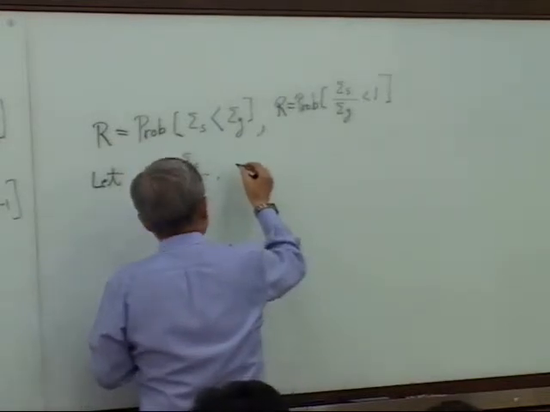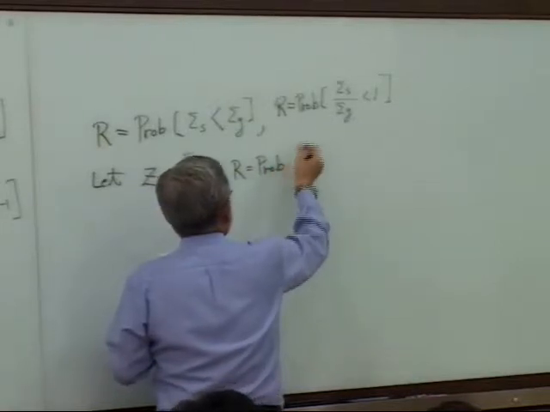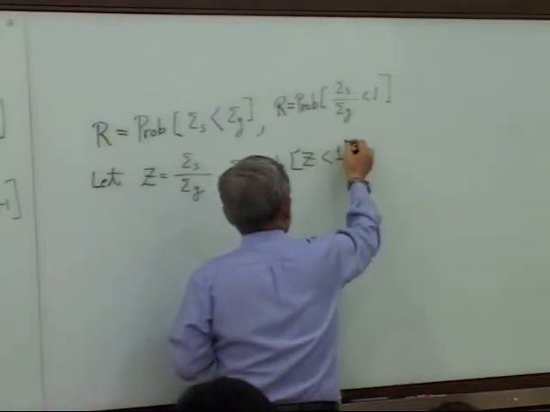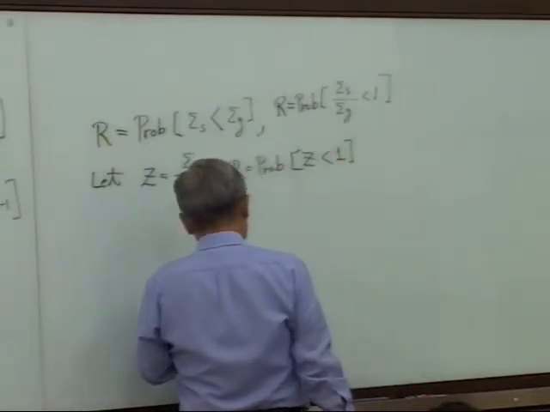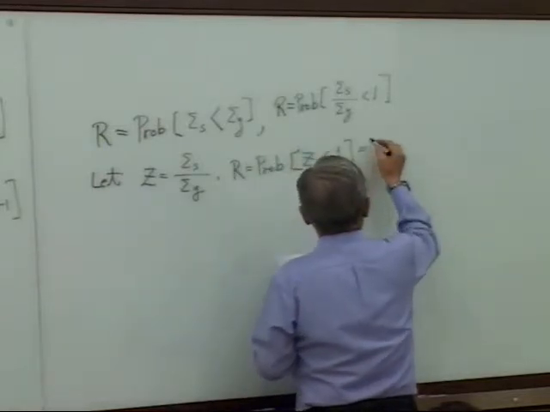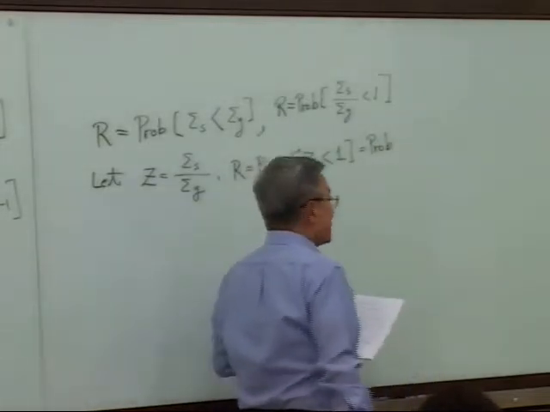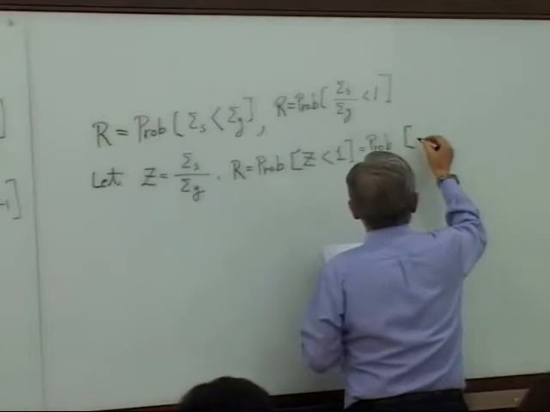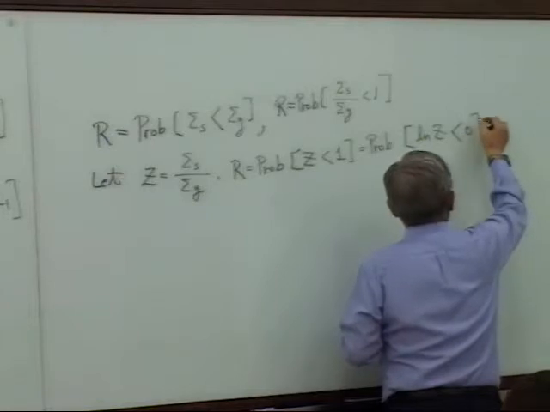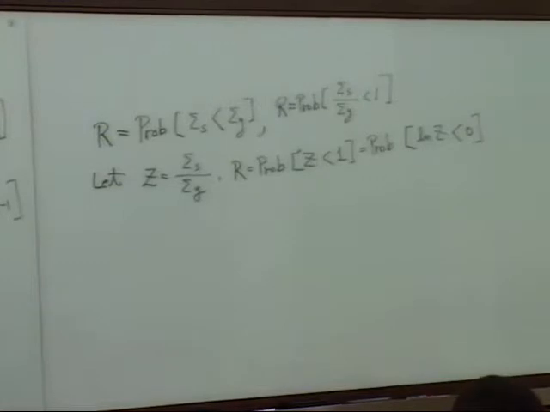Then R is simply the probability that Z is less than 1, or, taking a natural log, the probability that ln Z is less than 0. They are equivalent, with no differences at all.